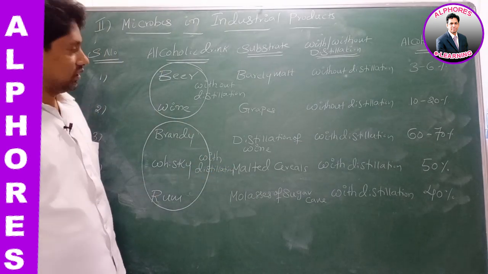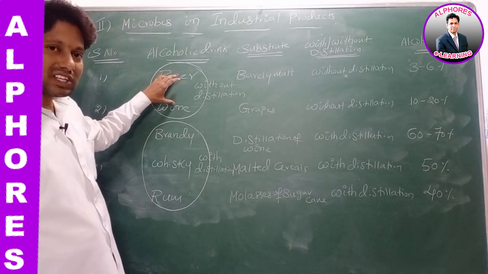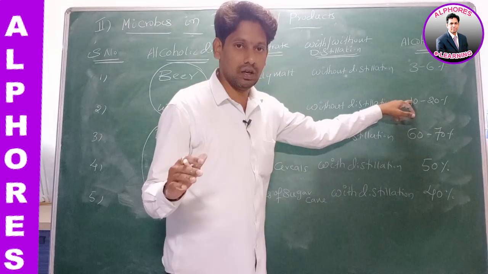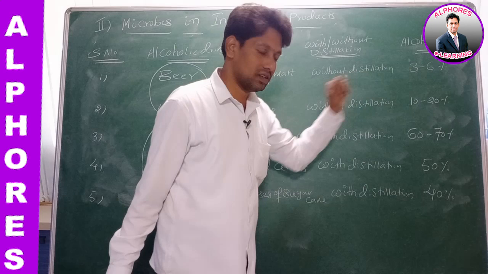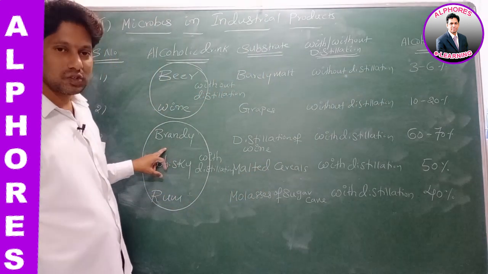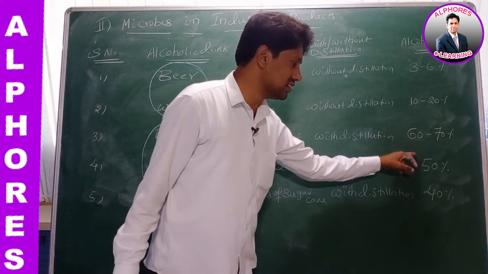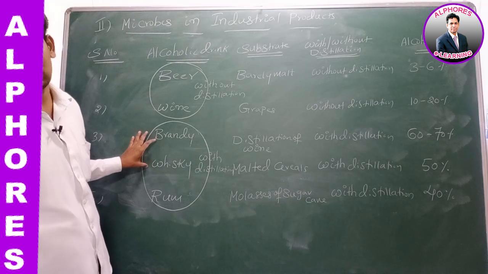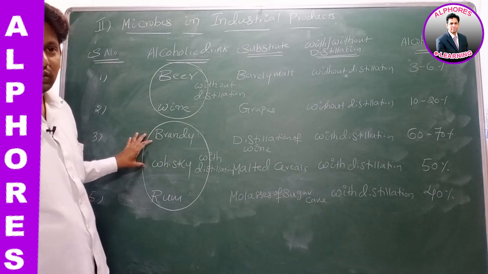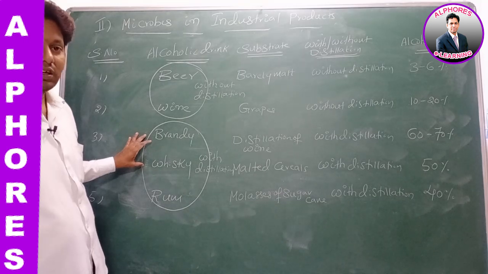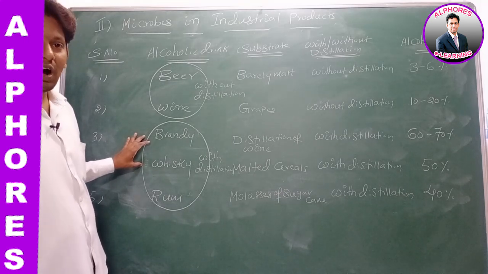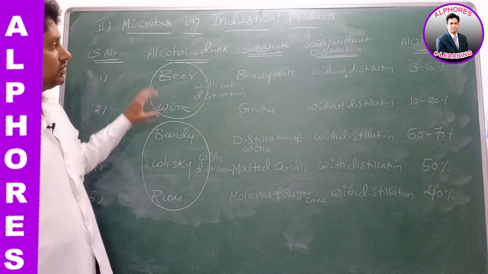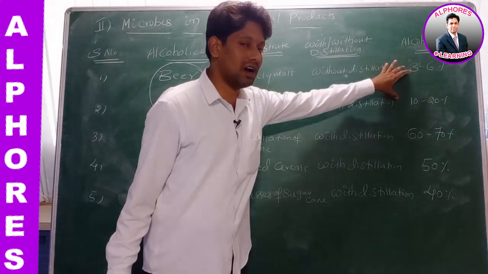Now, listen to this statement carefully. If distillation does not take place, the alcohol content is low. If distillation takes place, the alcohol content is high. Therefore, in nature, the alcoholic drinks that are produced by microorganisms have a low alcohol content.